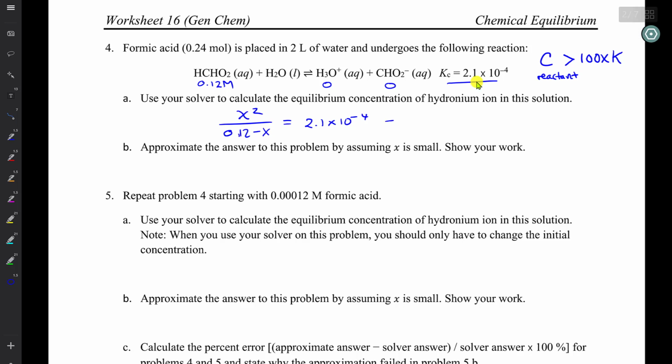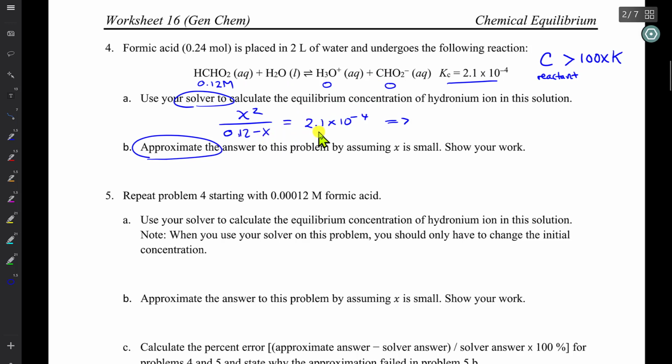So, that being said, what does it mean to answer by approximation? Well, one, you're going to use your solver. That's what you're supposed to do here, use your solver. But here now we're going to do it by approximation. And by approximation, it simply means if the equilibrium constant is small, then the amount of material that dissociates of the original material will be small relative to this number, right? Because X represents the amount of material, in this case, which ionizes.